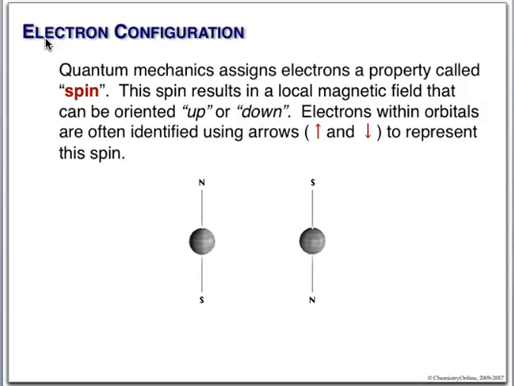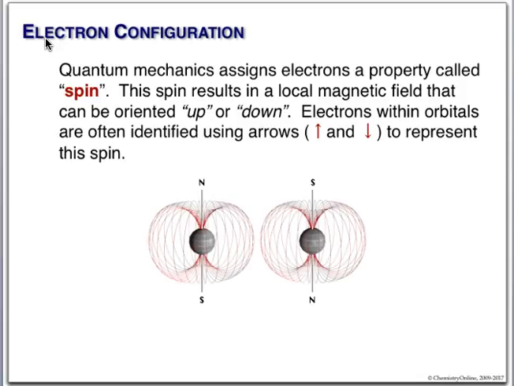In addition to it holding 2 electrons, electrons also have the property, quantum property, called spin. Spin looks like the actual electron is spinning. Because it's spinning, it forms basically a magnet, up and down. We represent that using little arrows up and down, depending on north or south.